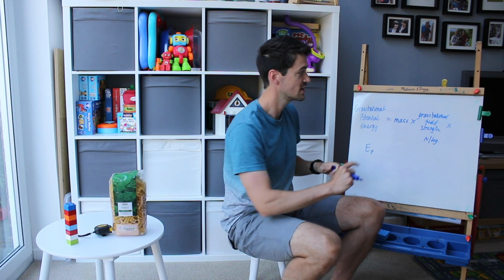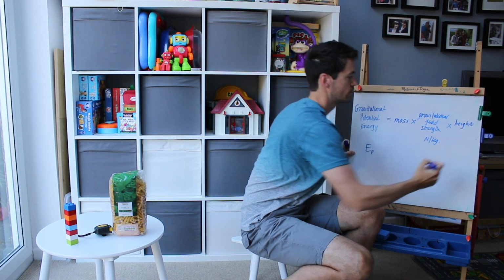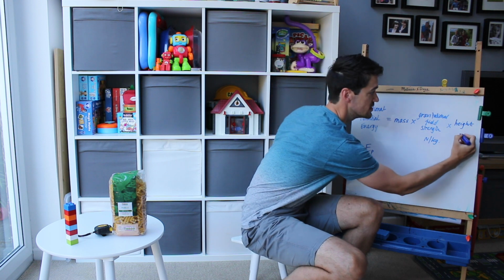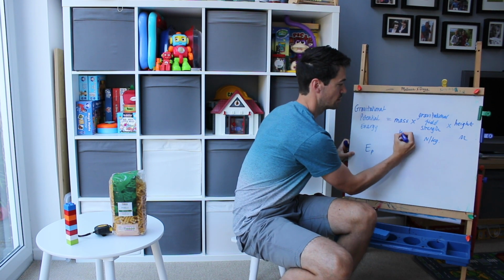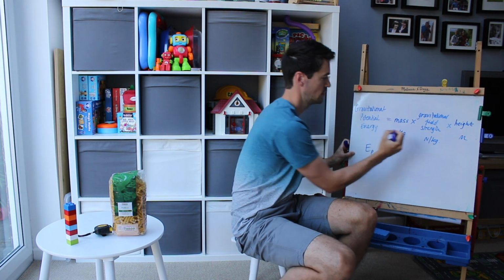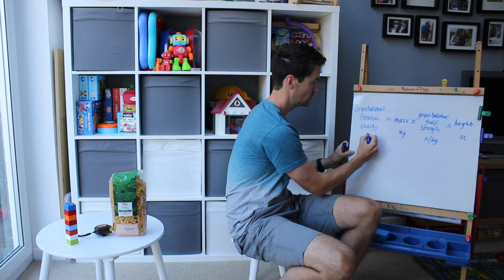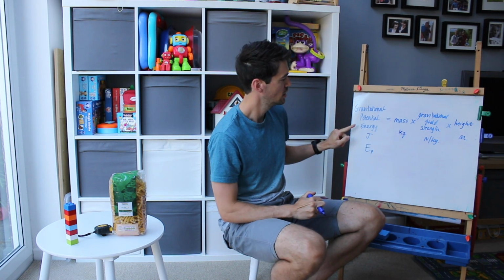And the final factor here is the height. Let's do the rest of the units. Height is going to be measured in meters, and mass is obviously going to be in kilograms, and gravitational potential energy, capital J for joules. Okay, units done.